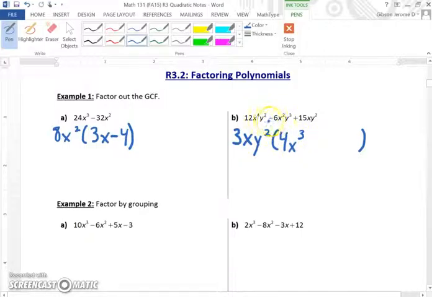Now we go to negative 6 divided by 3 is a minus 2. X squared divided by x is x. Y cubed divided by y squared is y. Now we go to the 15. 15 divided by 3 is 5. So it'd be plus 5. The x's simplify out and the y squared simplify out. And this is your final answer.